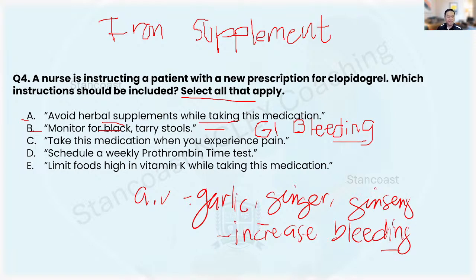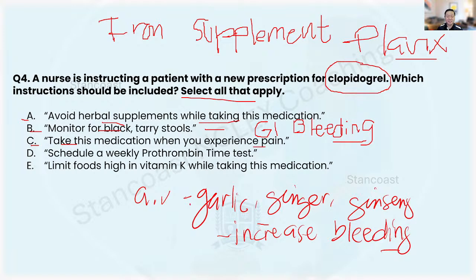Now let's take a look at letter C. Take this medication when you experience pain. Now, we are talking about Plavix here, an antiplatelet medication. And it states here, take the medication when you experience pain. That is very bad information right there.